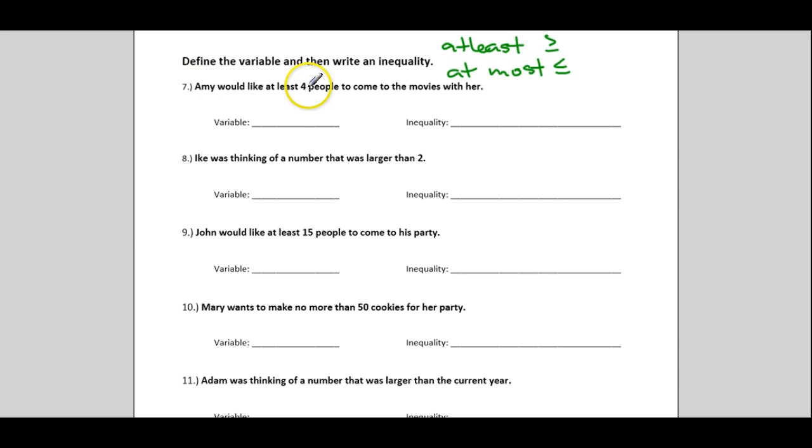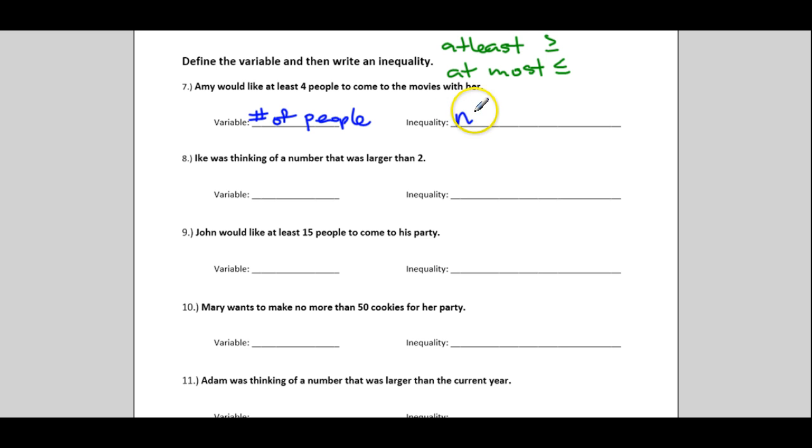Amy would like at least 4 people to come to the movies with her. So we're going to use a variable, but what does the variable stand for? In this case, we're talking about the number of people she wants to go to the movies with her. So if we write this, Amy would like, I'll use n this time.